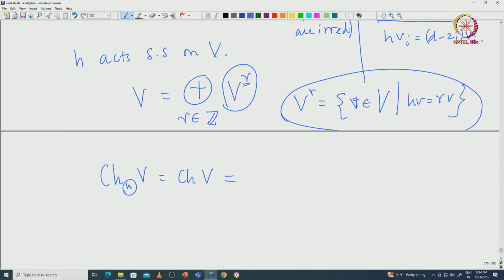Okay. So, the character of V is defined to be the summation of the dimension of V gamma times x to the power gamma, where gamma is coming from Z. So, a priori this is living inside the Laurent polynomial ring over Z, Z[x, x^-1].